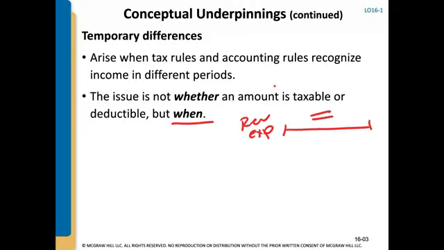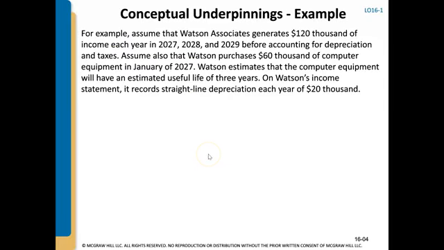So the issue is not whether an amount is taxable or deductible, it's when it's going to be taxable or deductible. And these kinds of differences, the revenue and expense differences, are called temporary differences. Sometimes they're also called timing differences, simply because it's just a matter of timing as to when it's going to be recognized for financial reporting versus when it's going to be recognized for tax purposes.